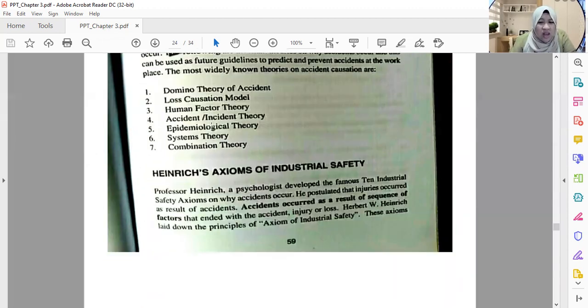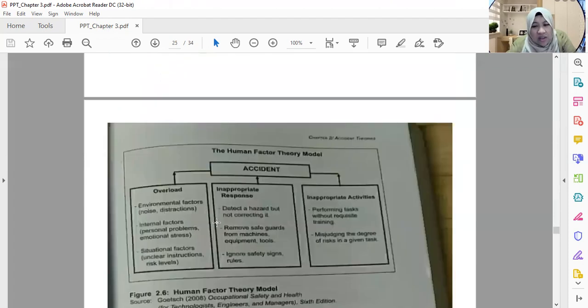You can see the Domino theory of accidents, and then we do have the causation model, human factor theory, accident or incident theory, epidemiological theory, system theory, and combination theory. So let's recheck each one here. They have a lot.